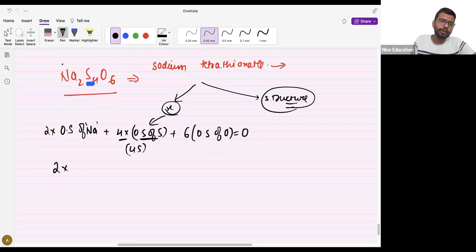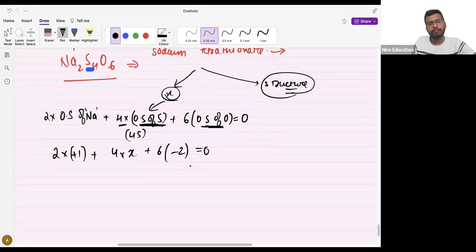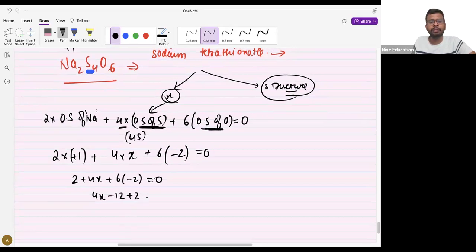Oxidation state of sodium is always +1, so 2 into +1 plus 4 into X for sulfur, plus 6 into -2, since oxygen is always -2 in oxides. So 2 plus 4x plus 6 into -2 gives 0. 4x minus 12 plus 2 gives 0. 4x is equal to plus 10.